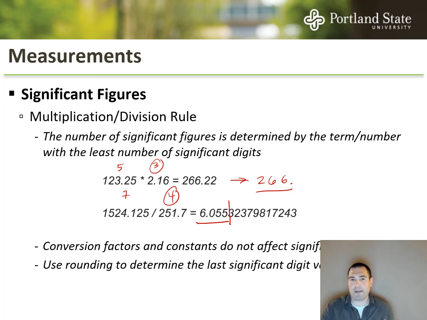And conversion factors, when you're multiplying conversion factors, like using the unit conversion method, you don't take into consideration how significant the conversion factor is. If you have an option of how many digits to use of the conversion factor, just add a couple more digits of precision than you have for your least precise number that you're multiplying by, just to avoid any rounding issues down the road.